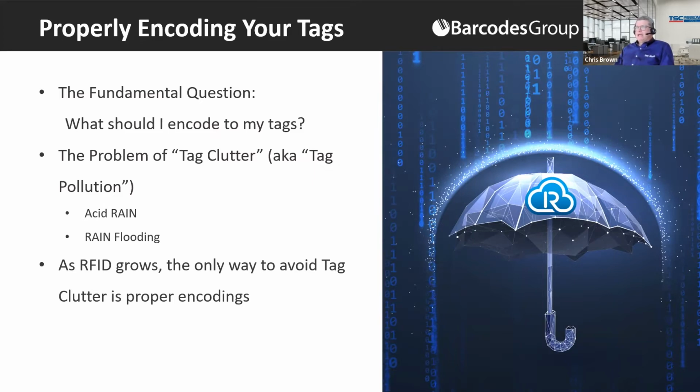Some people call it tag pollution. Tag clutter is really two sub-problems. The first sub-problem we call acid rain, and that is where tags from another application start getting read by your application, picked up by your application.